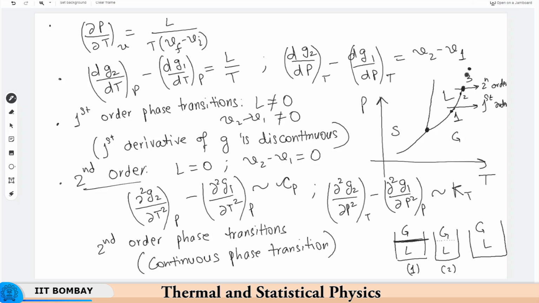If you go above the critical point, there is no phase transition, no distinction between liquid and gas anymore, and more generally it is known as a fluid phase. Rather than calling it a liquid or gas specifically, we just call it a generic fluid phase.